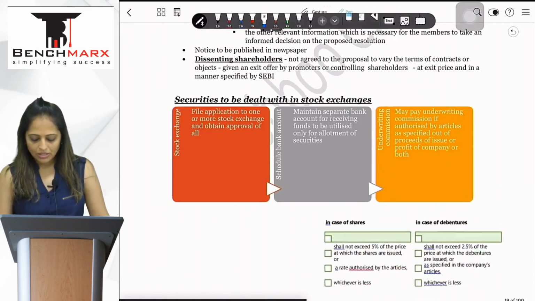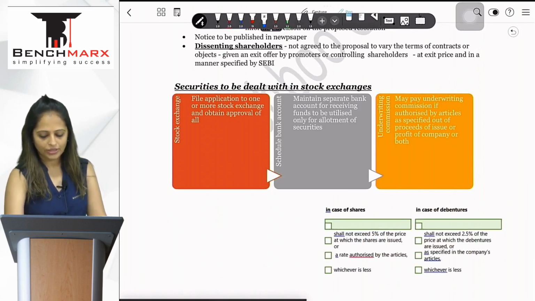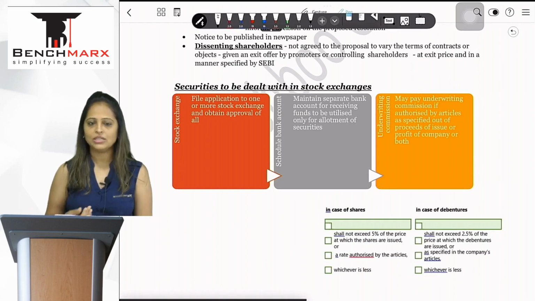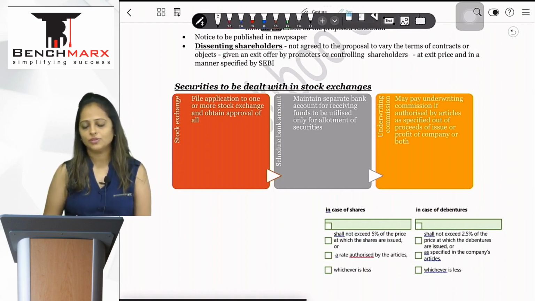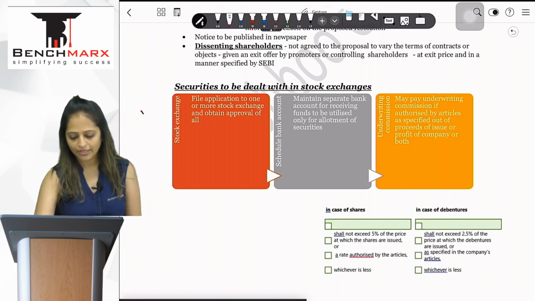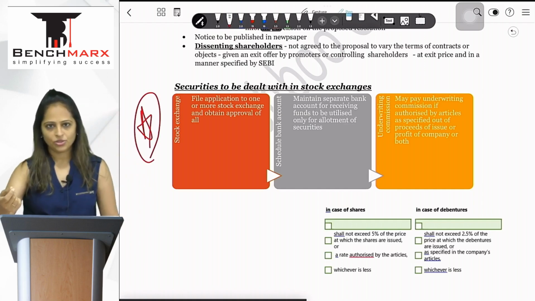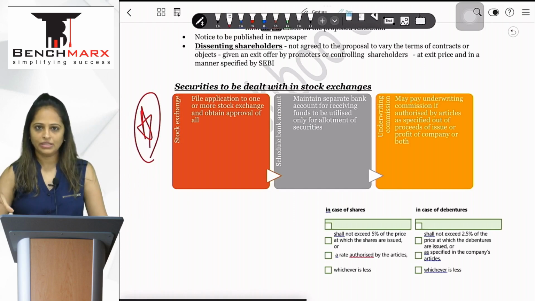Now, coming to securities to be dealt with on a stock exchange, if you want to raise money from the public at large, the only way you can do it is through the stock exchange. And if you want to do it through the stock exchange, you have to take the approval of the stock exchange. A very important point to note here is that you will have to apply to the stock exchange, and the approval will be given by the stock exchange based on which you will make the investment.